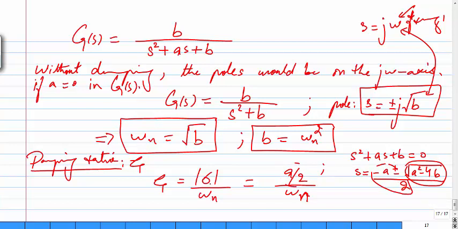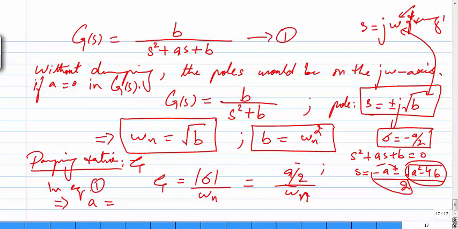That's why the exponential decay magnitude is minus a by 2, and from here we calculate the damping ratio. In other words, small a in equation 1 is equal to 2 zeta omega n.